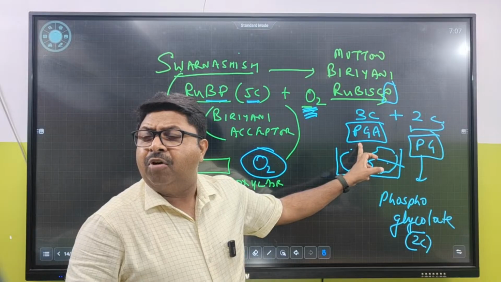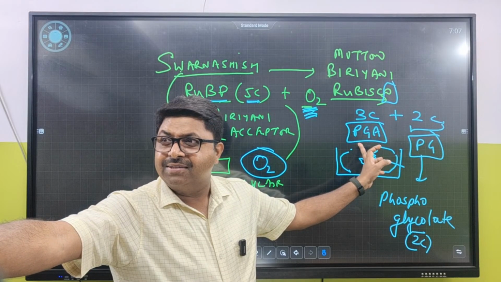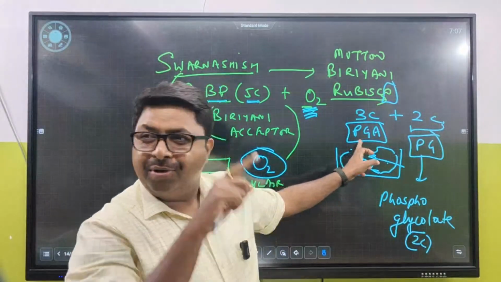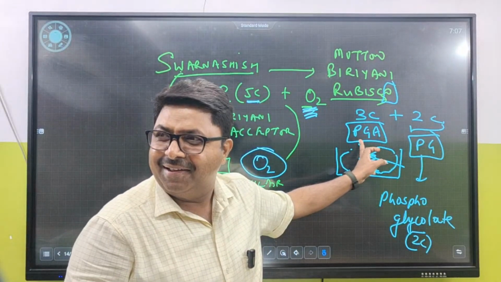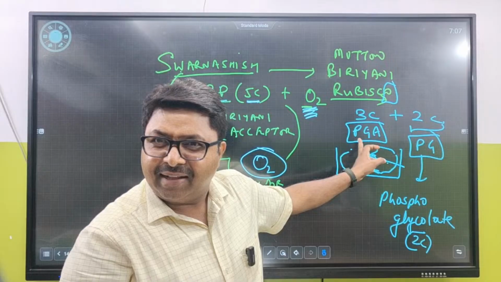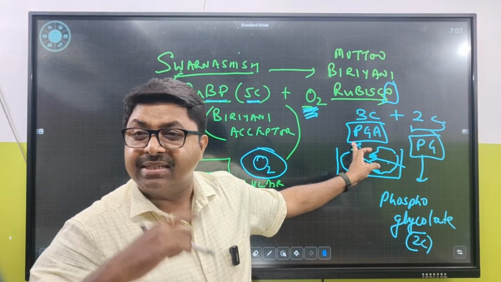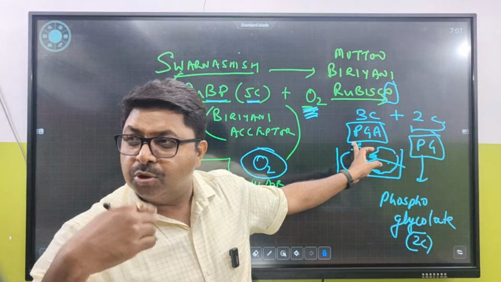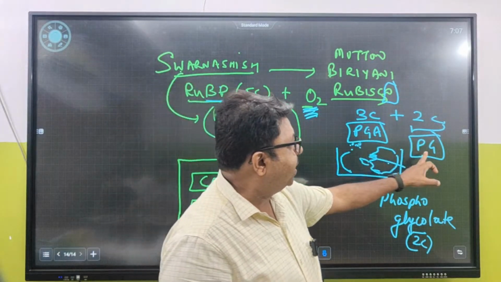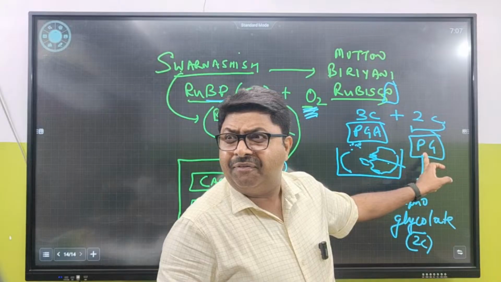Phosphoglyceric acid, and it is the first stable compound of C3 cycle, so it is going to continue C3 cycle. But what is going to be the fate of this two carbon compound?